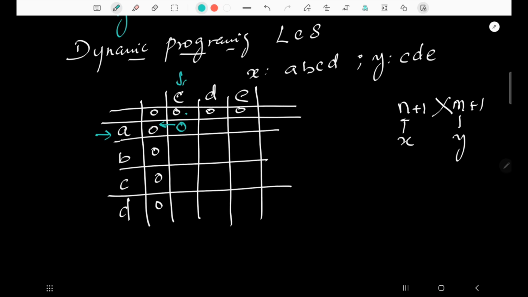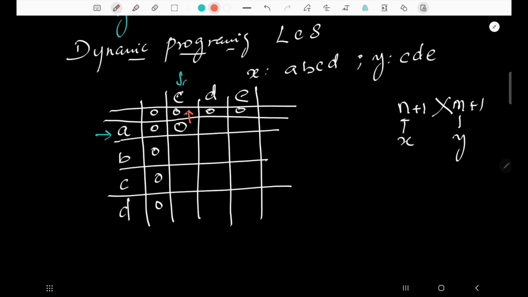So which 0 you are taking, you need to point to it. For example, if I take the above 0, I make the arrow mark like this. If I take the left side 0, you can point the arrow mark towards the left.